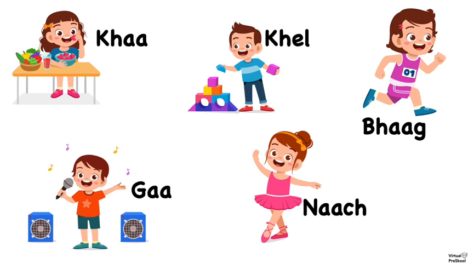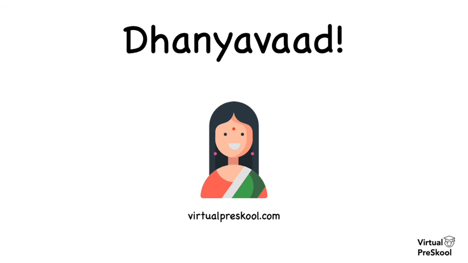Next, add that O sound to the end. So, kha becomes khao. Khel becomes khelo. Bhag becomes bhago. Ga becomes gao. And nach becomes nacho. Great work!